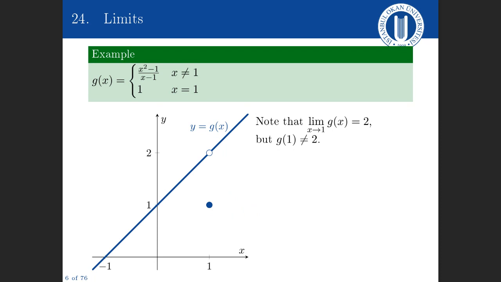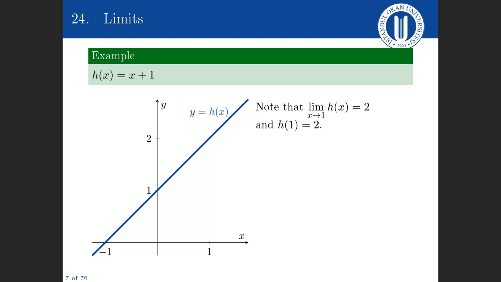And one more function, the function h of x equal to x plus 1. This function doesn't have any holes in. How does h behave if x is close to 1 but not equal to 1? h is close to 2, so we write that the limit as x tends to 1 of h of x is equal to 2.